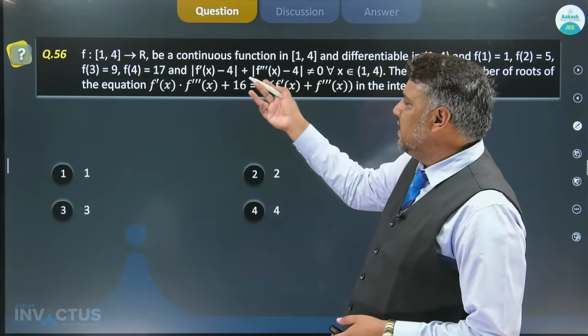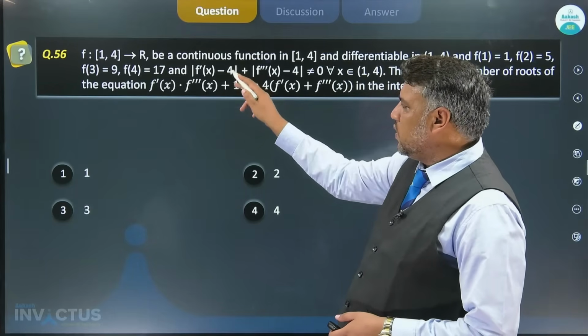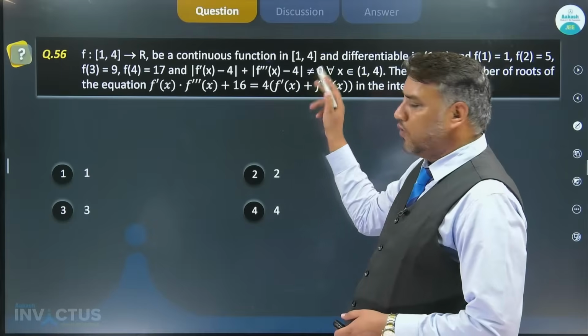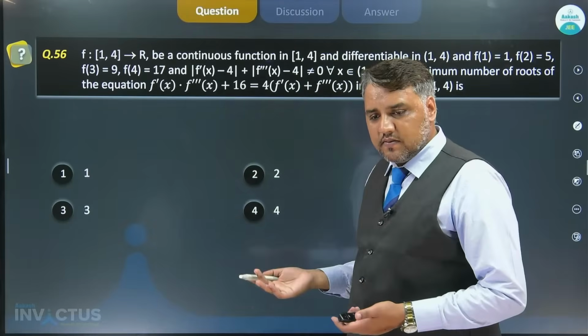That means they are saying that f dash x equal to 4 and f triple dash x equal to 4 do not hold for the same x.